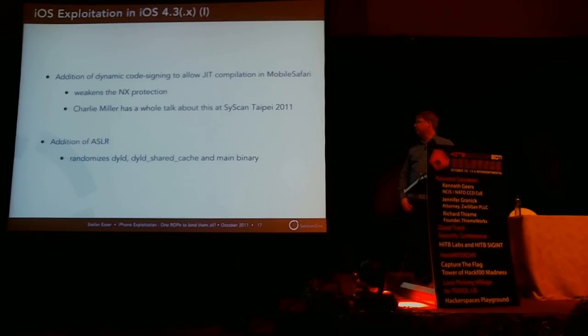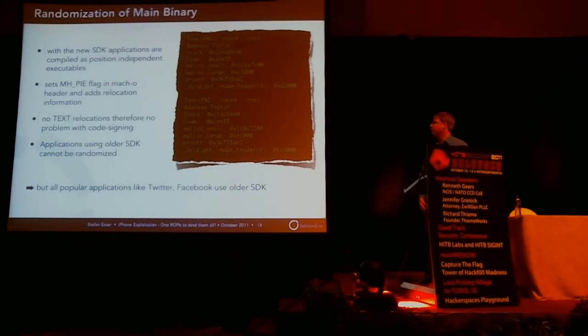ASLR in 4.3 basically randomized the dynamic linker, the dynamic shared cache, and the main binary. When you look at the main binary, you will see that when you compile an application with a new SDK, Xcode will compile it as a position-independent Mach-O file. When you compile against an old SDK, for example, to have compatibility with older devices, then Xcode does not generate a position-independent file.